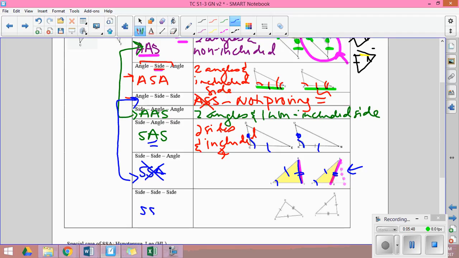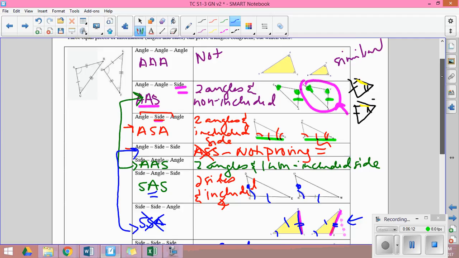Side, side, side is all three sides congruent. Then we can conclude the whole triangle is. So if all three sides match up, we can conclude the triangles are congruent.